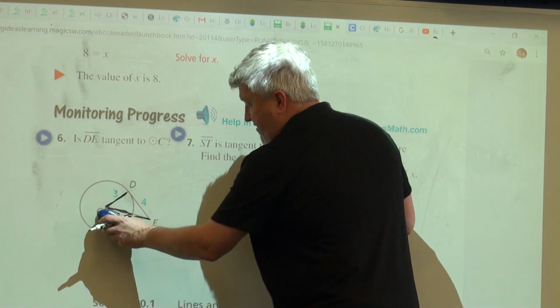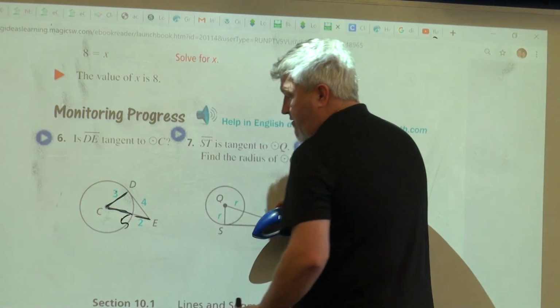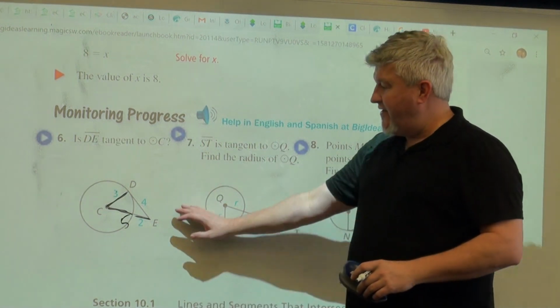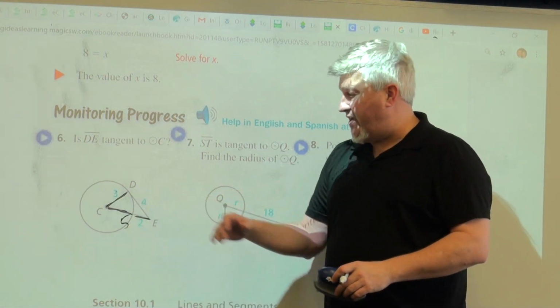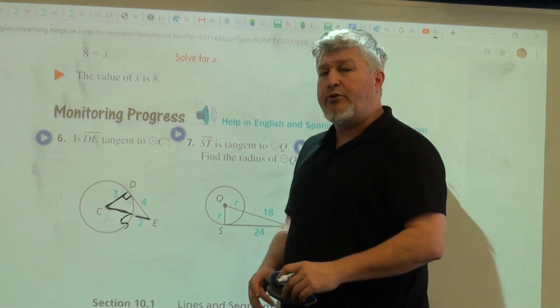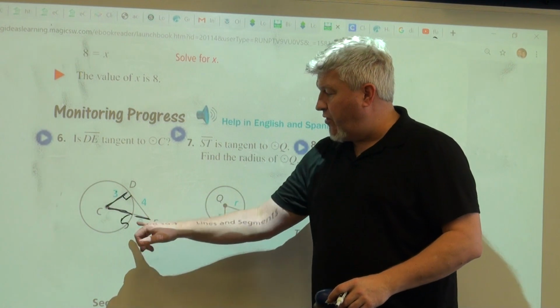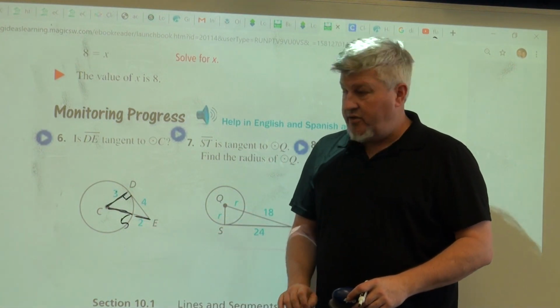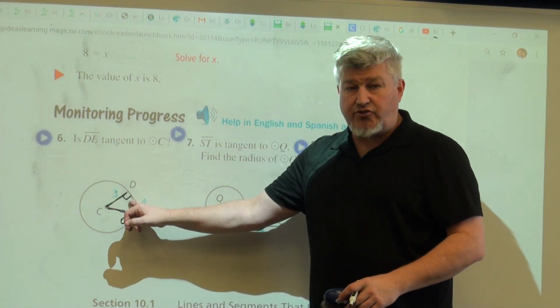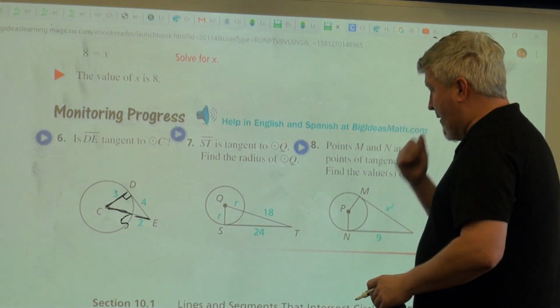So what this means is, this whole length is 5. Is this a point of tangency? In other words, is this a right triangle? I hope you notice right away, this is one of your triples. It's a 3, 4, 5 triple. It is definitely a right angle because it's a right triangle triple. DE is a point of tangency.